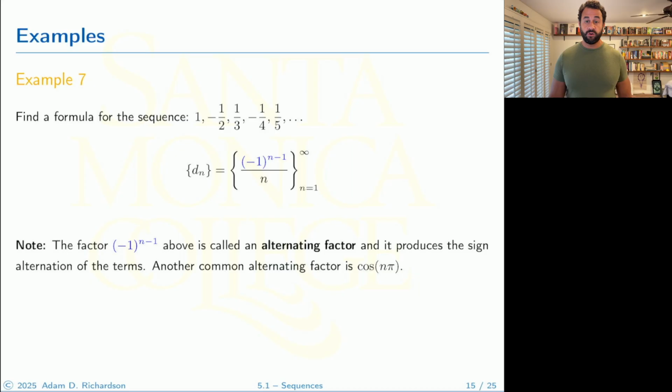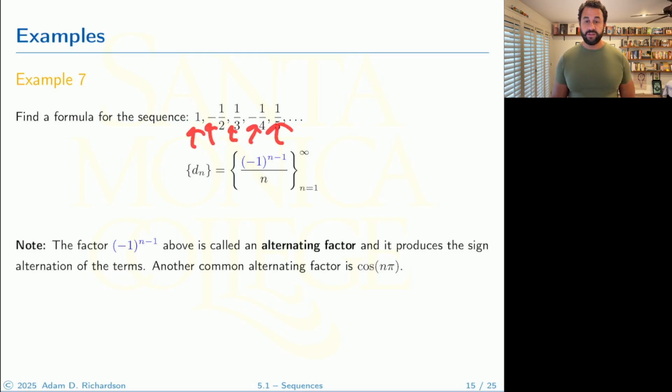Okay, so a little specific here. This factor right here that you see, this -1 to the n minus 1, or to the n, or to the n plus 1, is what we call an alternating factor. And this alternating factor is what produces the alternation in the signs of the terms.